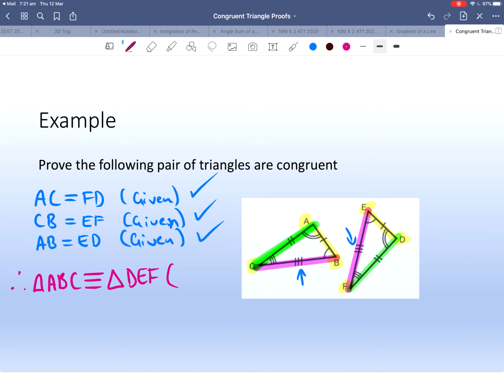And our reasoning is all the sides are the same, so we call that one side, side, side. Right? So this is a proper proof. It's a very different way of doing maths, but we do it this way.